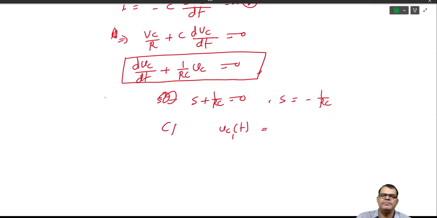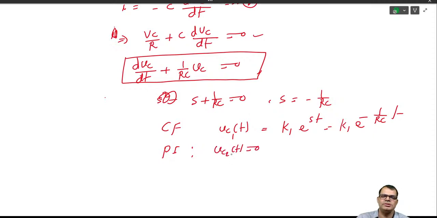So the complementary function is of the form k1 e raised to the power st, which is k1 e raised to the power minus t upon RC. The particular integral is called the forced response, and because you don't have any input in the differential equation, Vc2(t) equals 0.